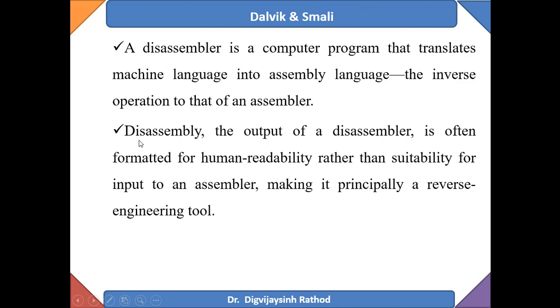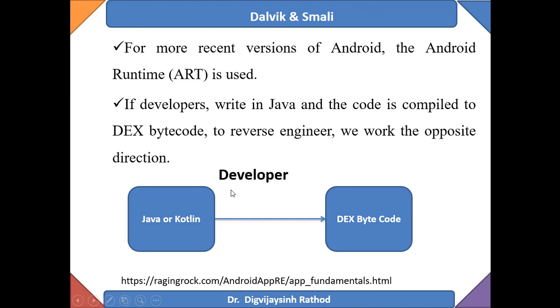We'll go ahead. The output of the disassembler is often formatted for human readability rather than suitability for input to an assembler, making it principally a reverse engineering tool. What they are trying to discuss is, suppose I have a DEX bytecode, I will use a disassembler to convert the DEX bytecode into assembly code.